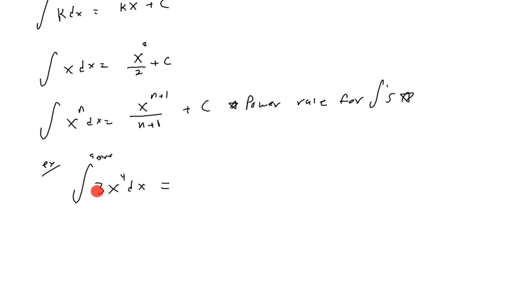We bring that coefficient out of the integral. That k gets out of the integral, and it just sticks around. So this is going to become x to the 5th power over 5 times 3 plus c. 3x to the 5th over 5 plus c. Or you can say 3/5 x to the 5th plus c, whatever you want. But there's your answer.